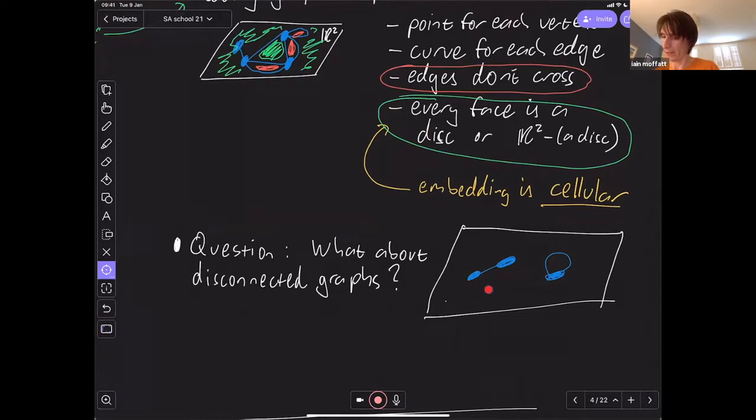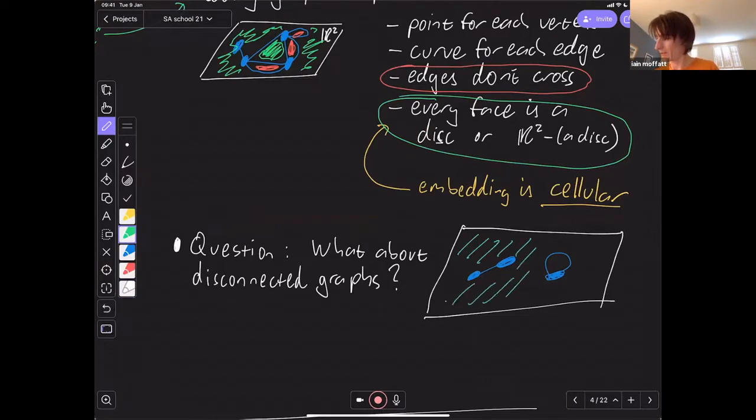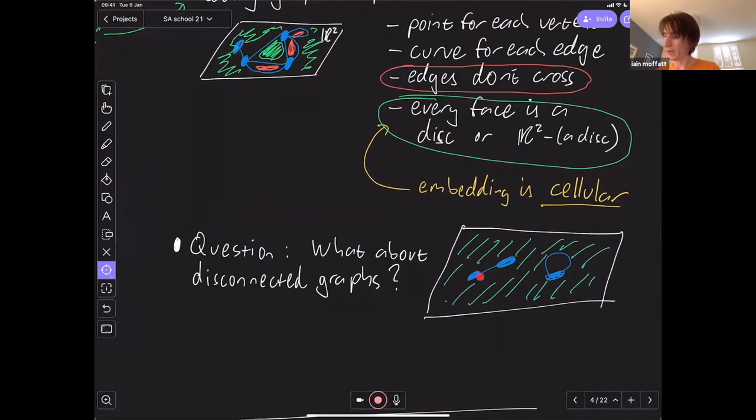If I look at the outer face, the area shaded in green, what have I got? When I cut open the surface along the graph, I'm going to end up with a region that's the plane minus two disks, so it's got two holes in it, and this definition only allows me one hole. So I can't just draw them both in the plane.